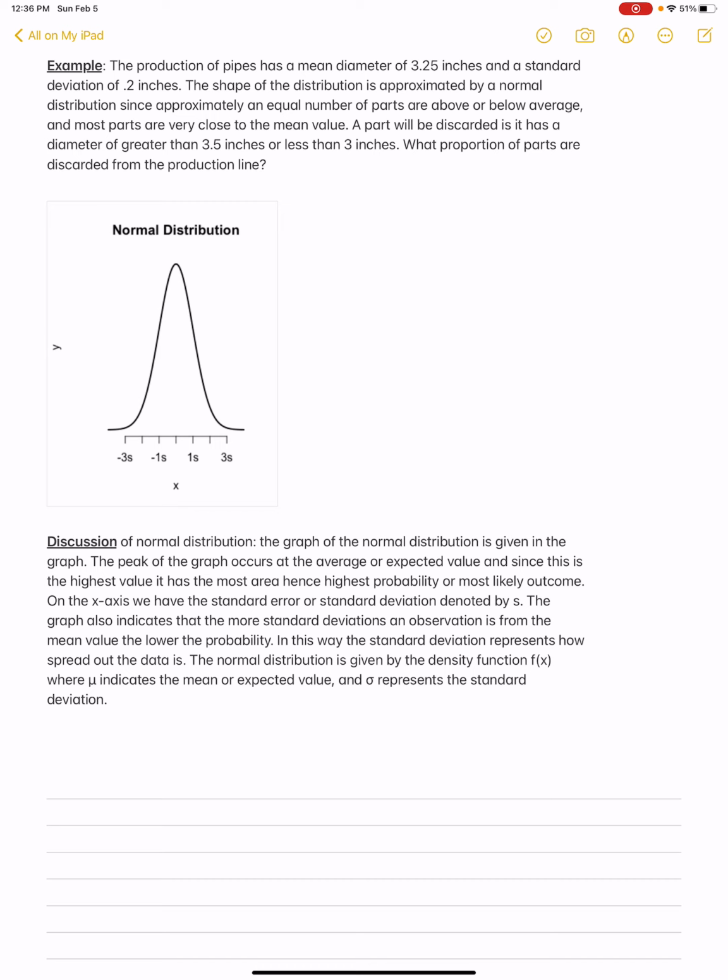Now, we would also have no reason to suspect that a pipe would be a little smaller or a little bigger, i.e. it's symmetrical around the peak. So some deviations occur below and above in about equal proportion. But most have the mean or average value.